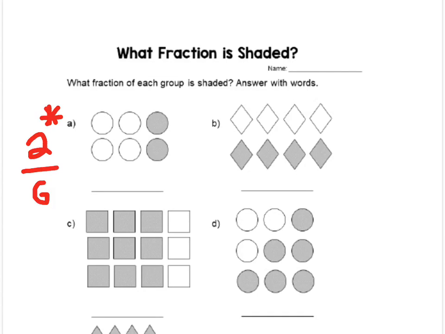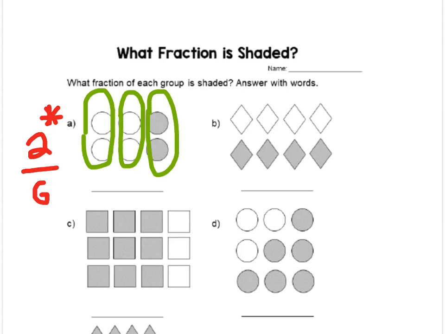Okay, so I could see that in this picture we have one group of 2, 2 groups of 2, 3 groups of 2. So 1, 2, 3 groups. Right? There's 3 groups, and one of these groups is colored in.